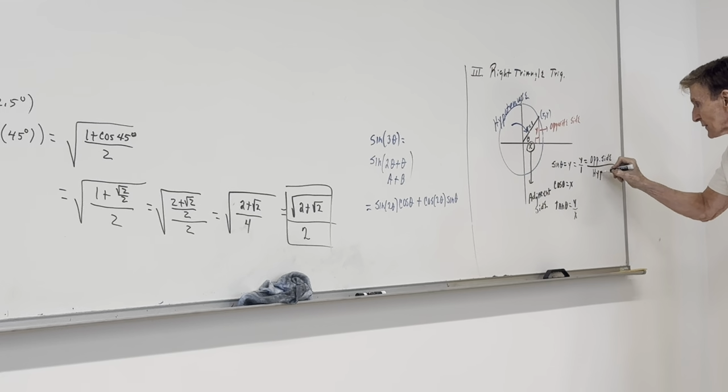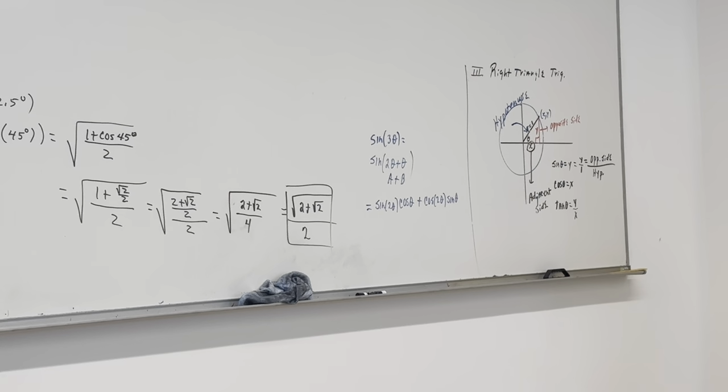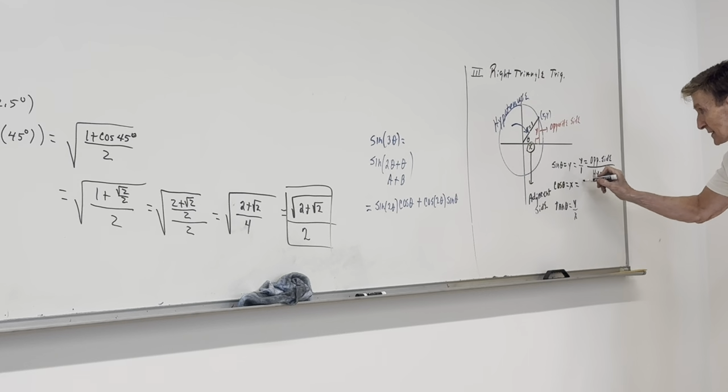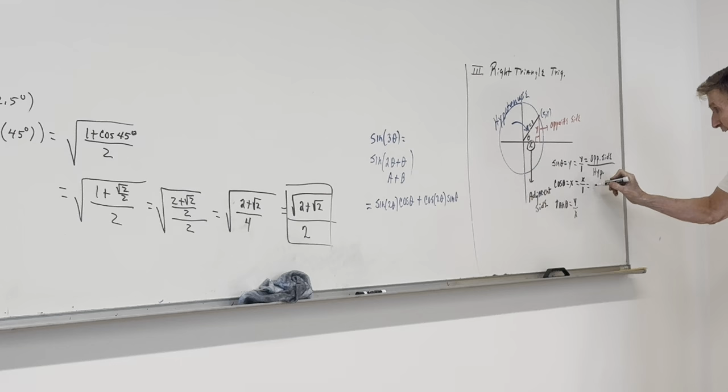I'll just abbreviate that word. So opposite over hypotenuse. I bet that's where you've seen it if you've had any trig at all. The next one says cosine. Cosine for us is X. No problem, that's X over 1. X is the adjacent side, side next to my angle.